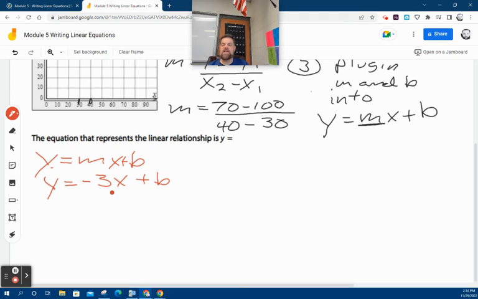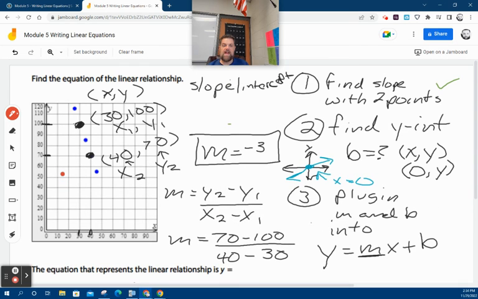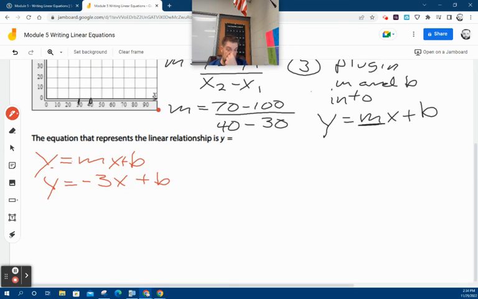Now, there's no way I can solve for b because I have an x in the way and a y in the way. If I had a number that I could plug in for x and y, wouldn't that make it all numbers in the variable b? Yes. So, what x and y can I plug in? Well, let's plug in 30 for x and 100 for y, because those are on the line.